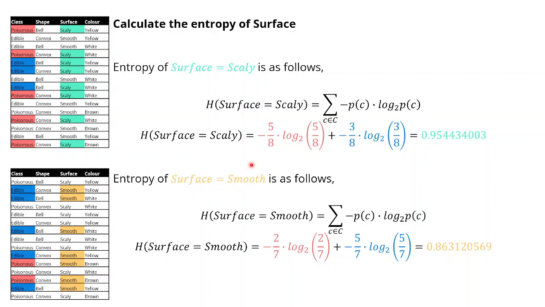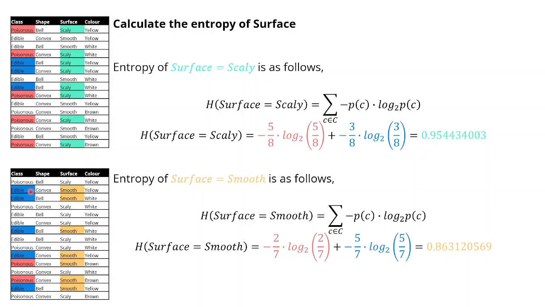Next, we calculate the entropy of the smooth surface. So first of all, let's count how many smooth surfaces. We have 1, 2, 3, 4, 5, 6, and 7. Out of those 7 smooth surfaces, how many are poisonous? We can see there are only 2. So that's why we write 2 over 7 here and then 2 over 7 here.